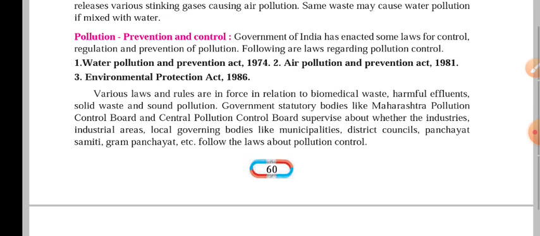So this is all about pollution, the different types of pollution, and the prevention from these different kinds of pollution.